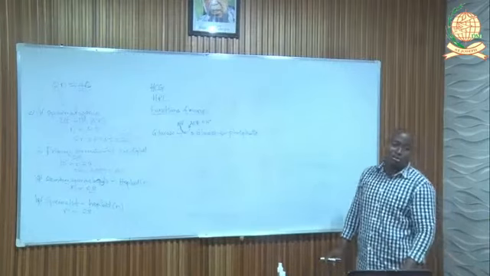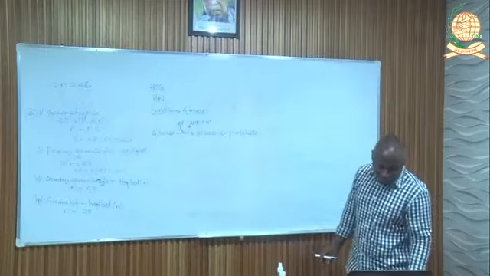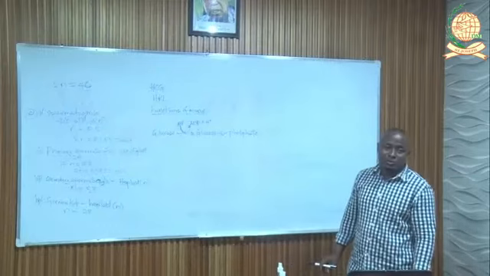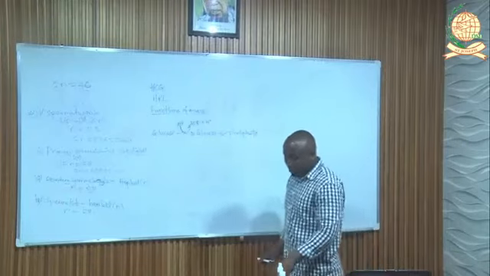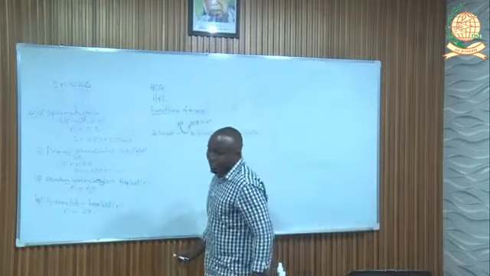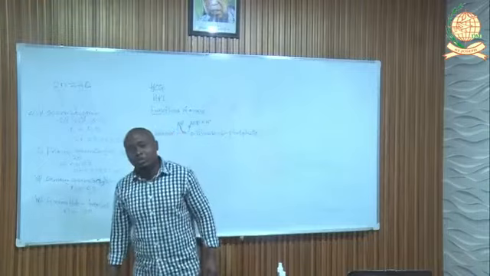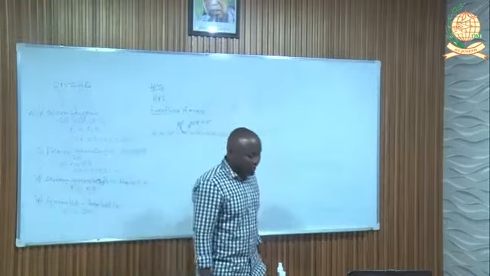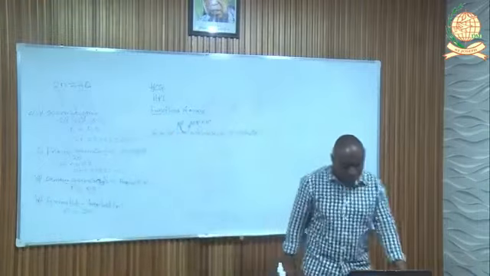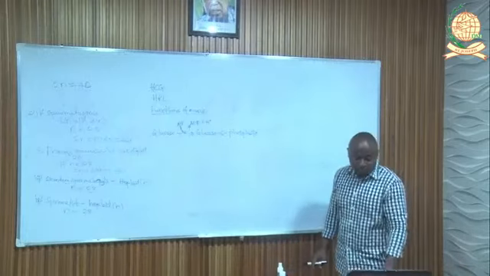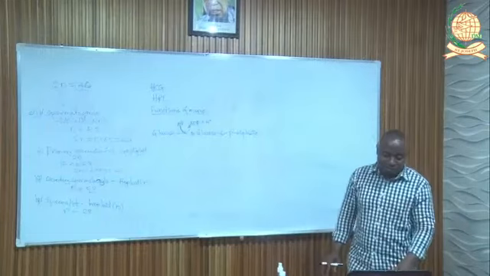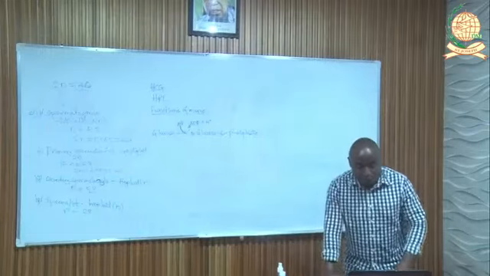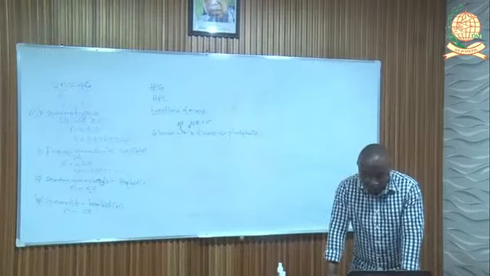First, natural classification is a time-consuming process because using both the internal and external features as well as the evolutionary relationship consumes a lot of time. Therefore, because of this, it's difficult for a complete natural classification to be achieved.